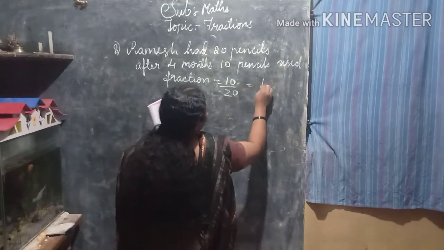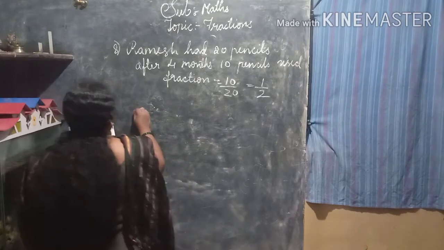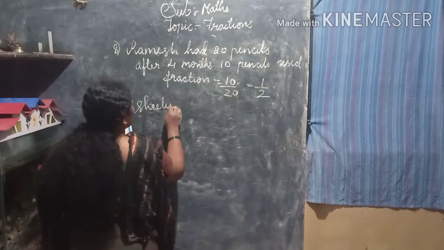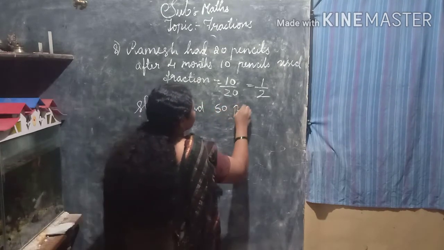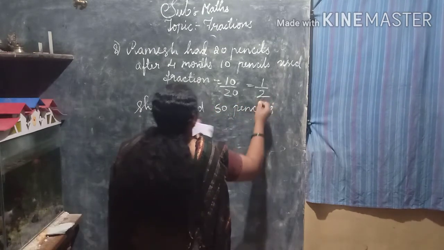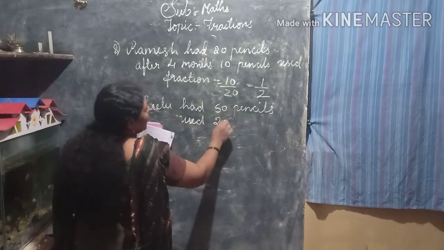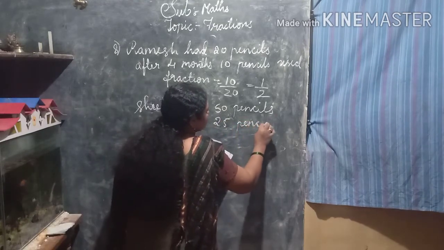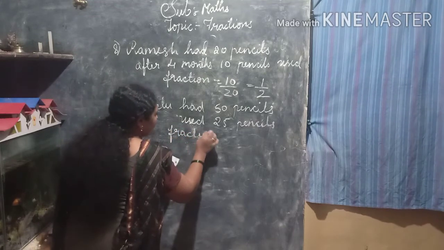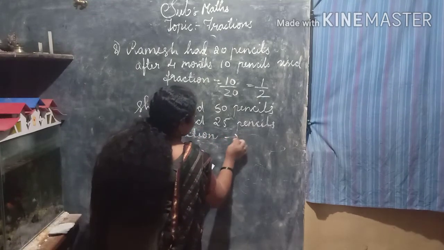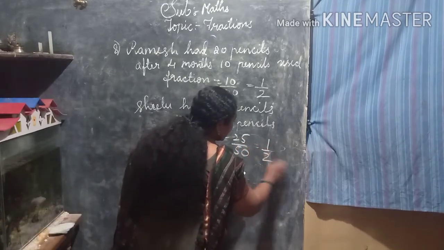If you reduce, it becomes 1 by 2. The same if you write with Sheelu. Sheelu had 50 pencils. Used 25 pencils. Fraction 25 by 50. If you reduce, it becomes 1 by 2.